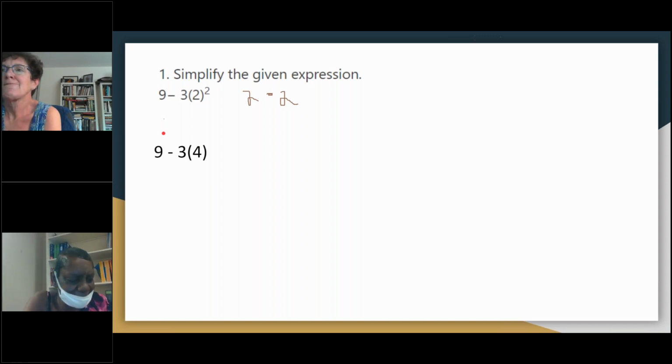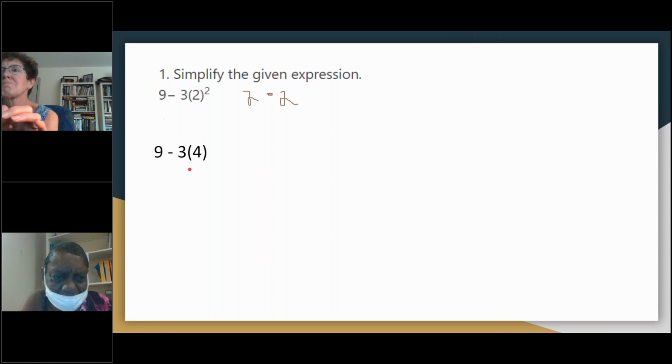Oh, okay. 9 minus 3 is 6 times 4. But we're not doing subtraction first. We're doing our multiplication first.